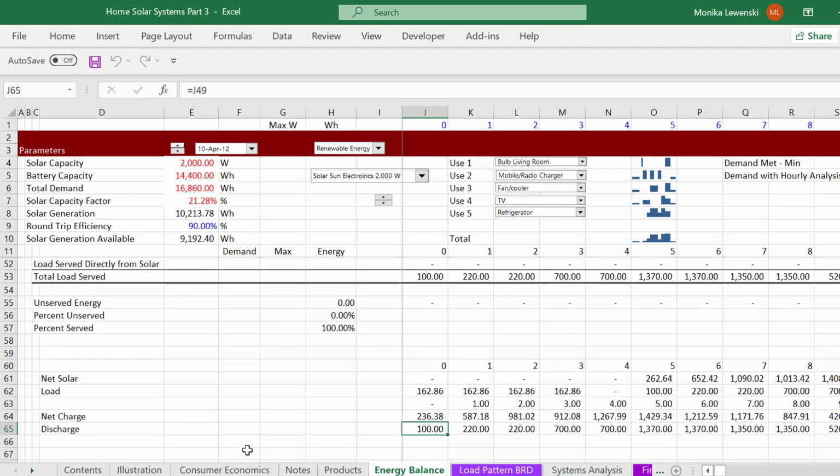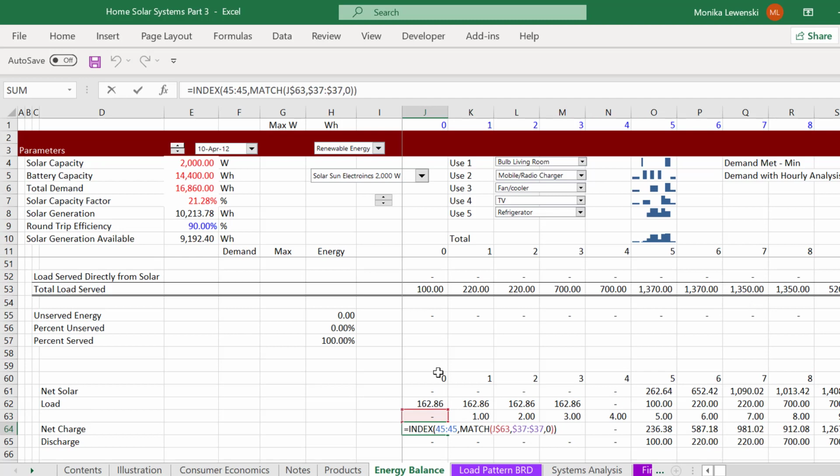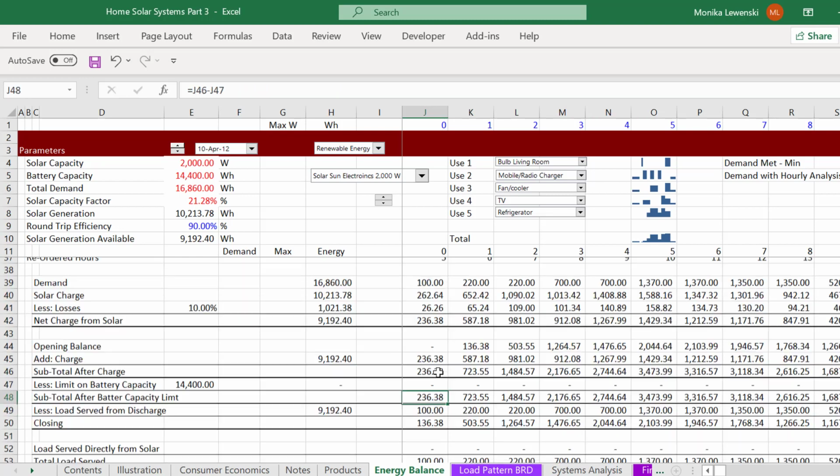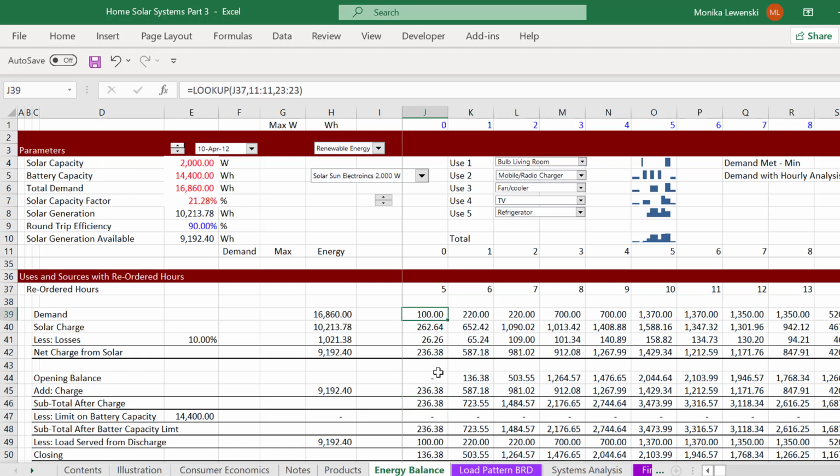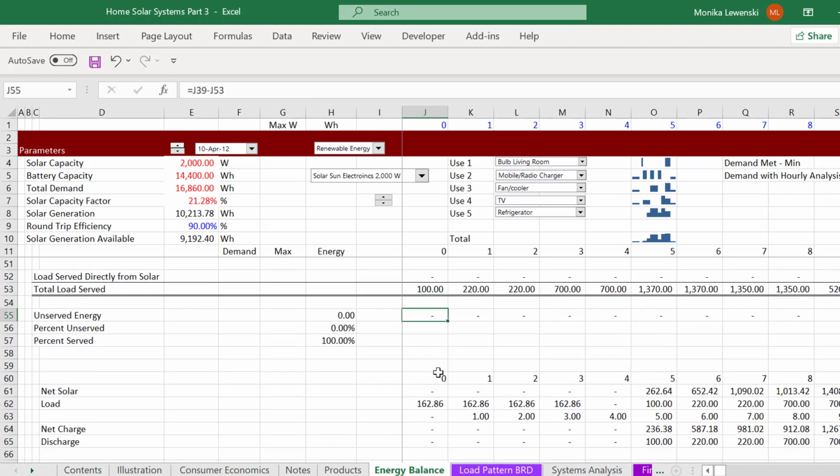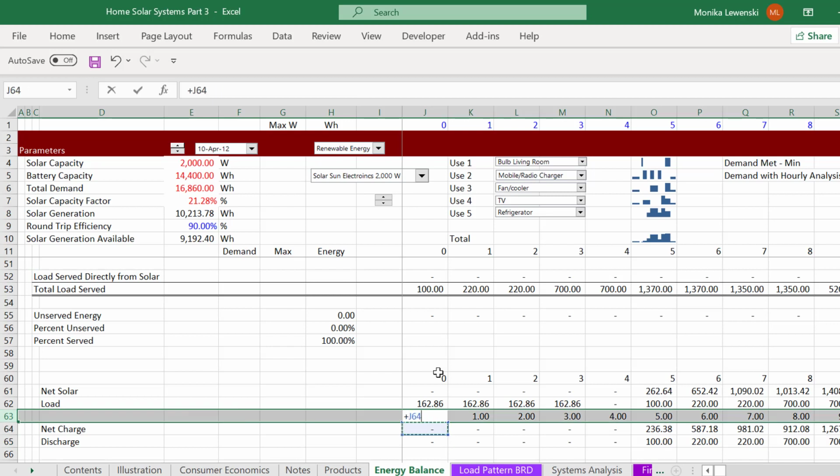That's not a match, so I'm going to match that number down below with 37. 37 is the reordered hours. Okay, and now let's make a graph of this one, which shows the charge and the discharge.